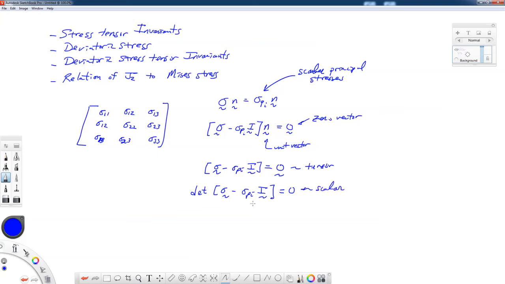In developing this, expanding this out, basically we're going to take the determinant of a matrix in which we have subtracted off these terms only along the diagonal elements.